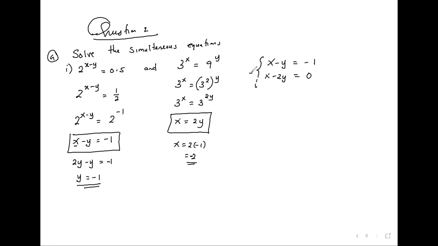You can subtract, x minus x, that is 0. So that will remain with negative y minus 2y is equal to negative 1. Plus negative y plus 2y is equal to negative 1. Then this is negative 1.